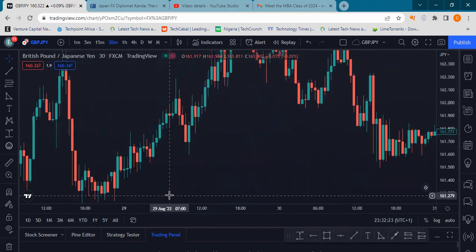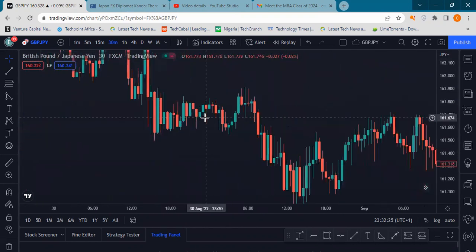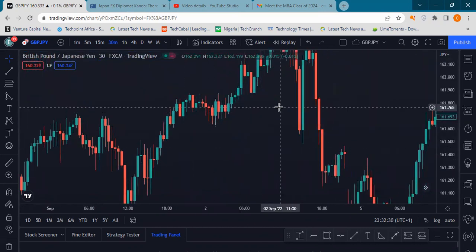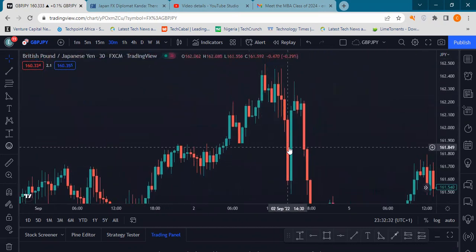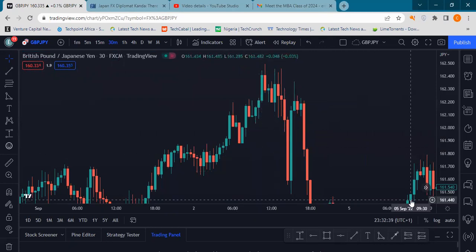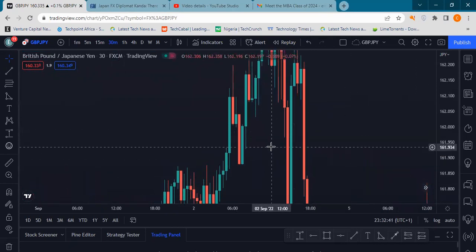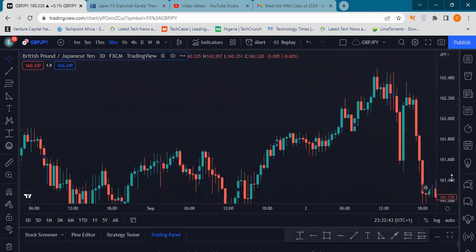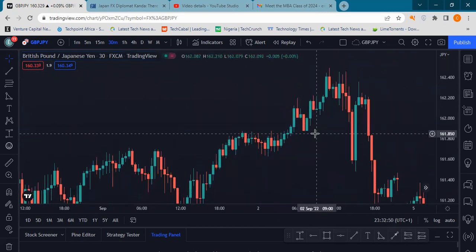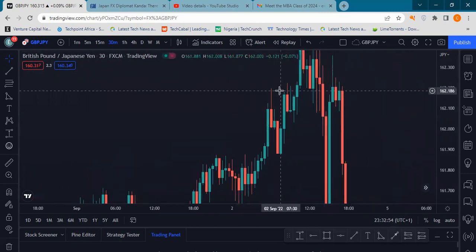So 2nd of September, because I've gone through, just to save our time, I had gone through all this to be able to find out where this happens a whole lot, right? So beautiful. When you look, it will seem as if we're in a bullish trend, right? Looks as if we're in a bullish trend, but if you look at the daily, we're in a strong bearish trend. This is just minor retracement on day.